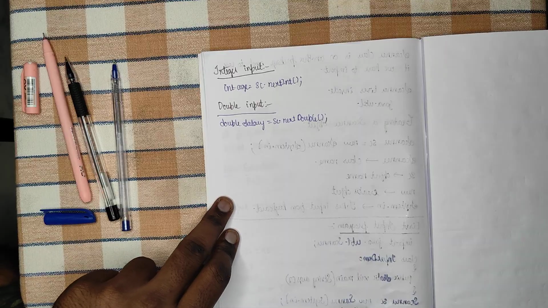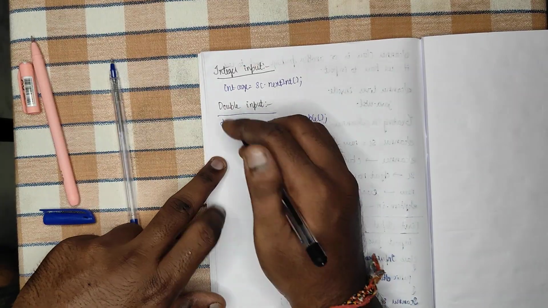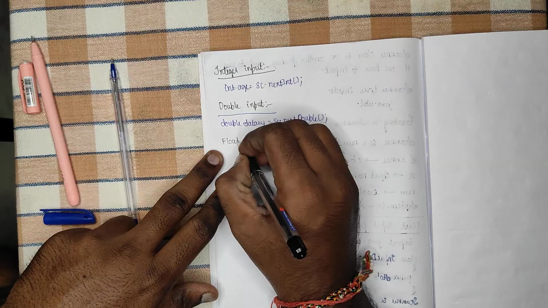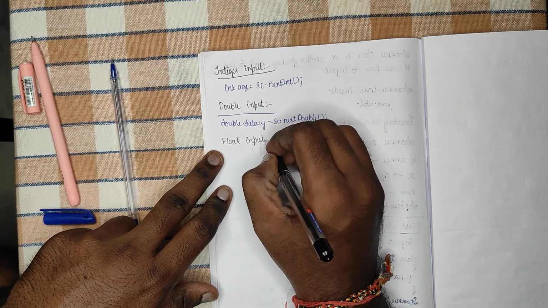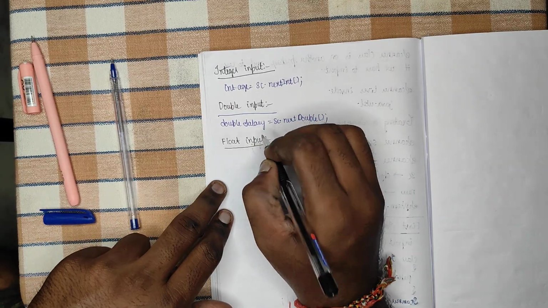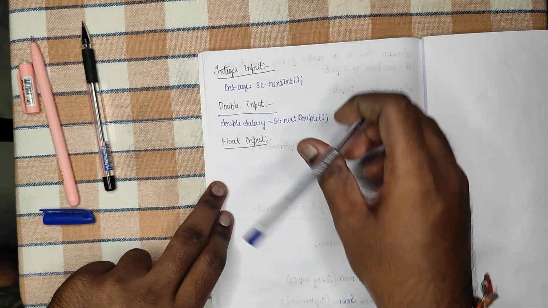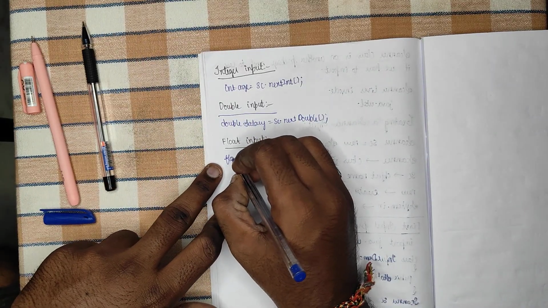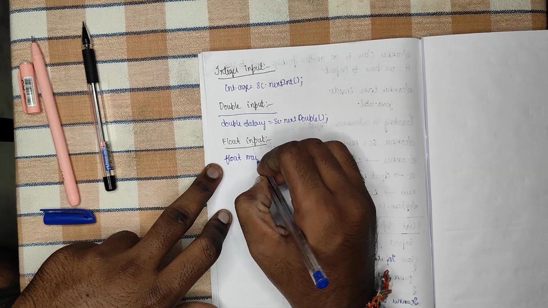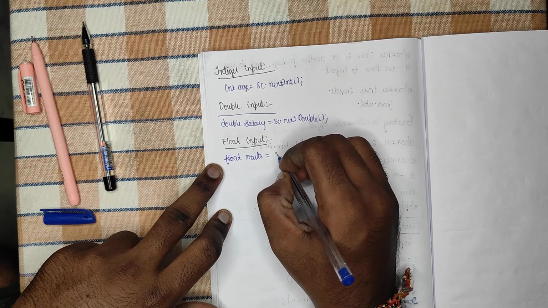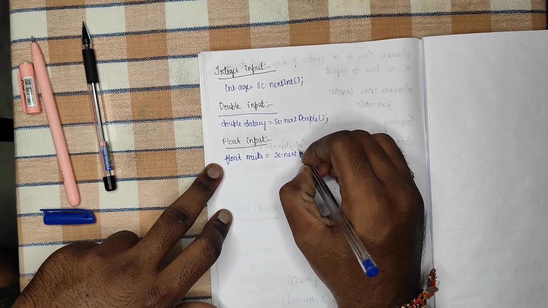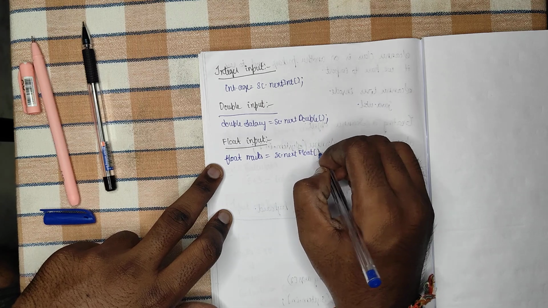So now float input. Like float marks is equal to sc.nextFloat.